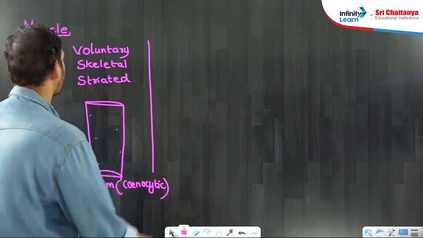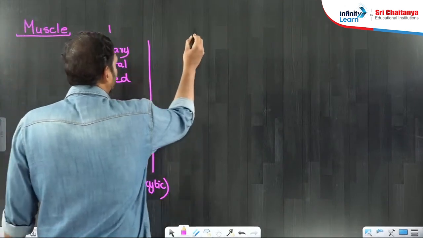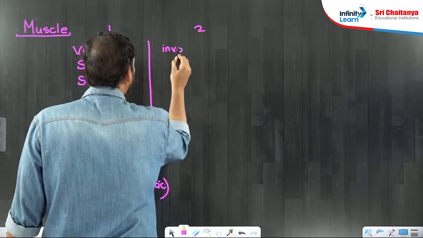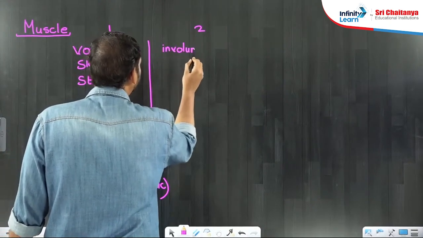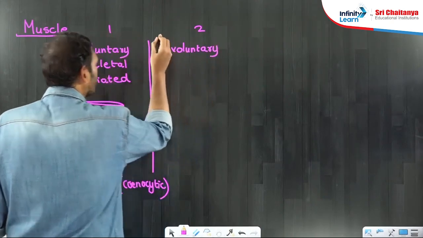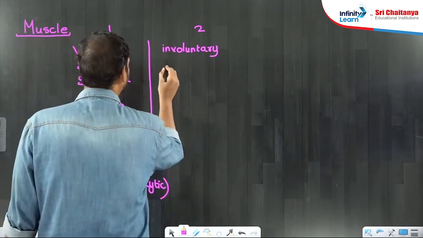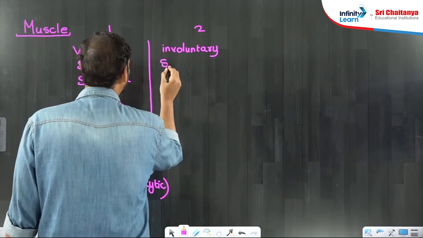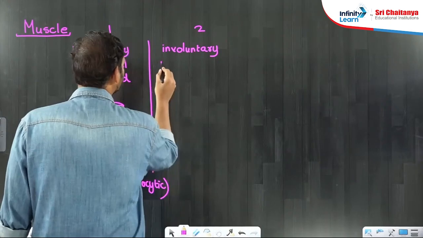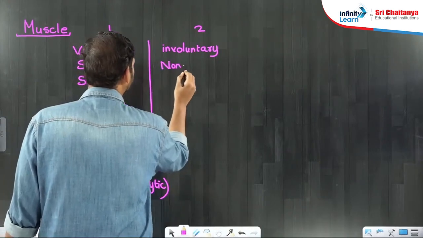Second category. These are not attached to bones, therefore you cannot control them according to your own will. These will be automatically controlled by your brain. They are involuntary and do not have any striations, therefore these are non-striated, unstriated muscles.